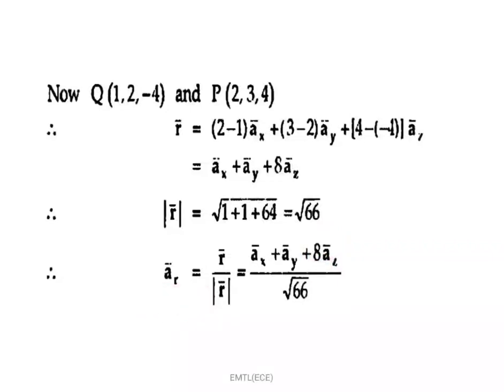Now the unit vector aR bar expression is R bar by mod of R bar. So the unit vector is ax bar plus ay bar plus 8 az bar, and mod of R bar is root of 66. So aR value here we find.